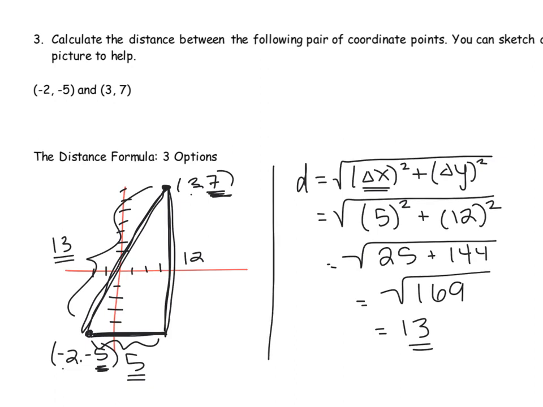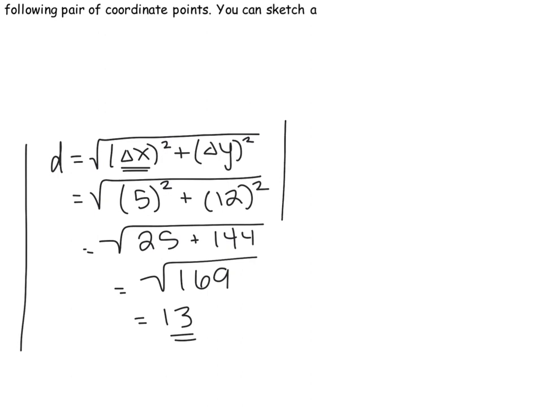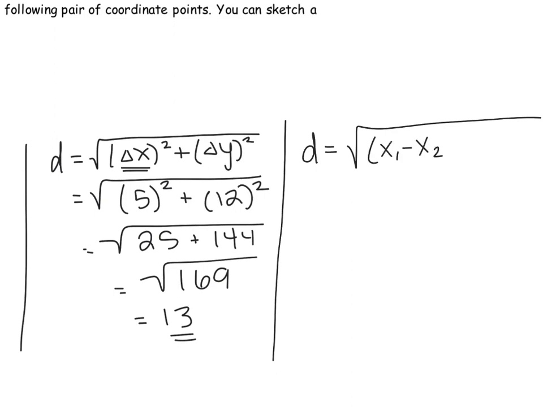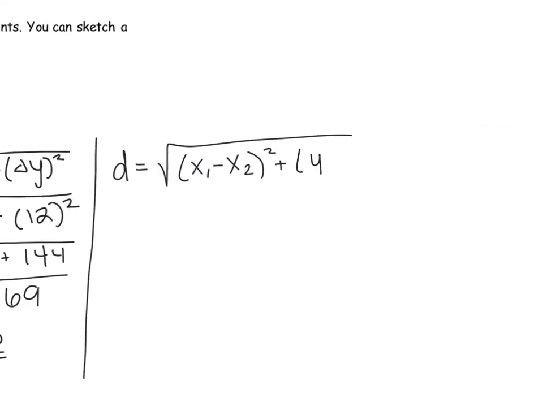And the last method that people like to use, the distance formula that you will most often see on formula sheets, looks like this. D equals the square root of x1 minus x2 squared plus y1 minus y2 squared.